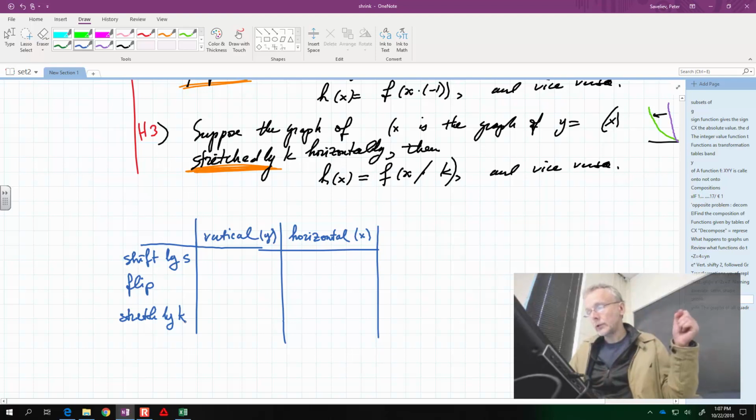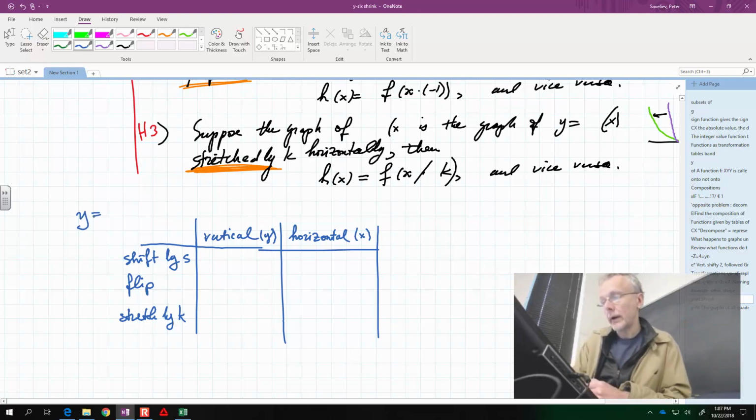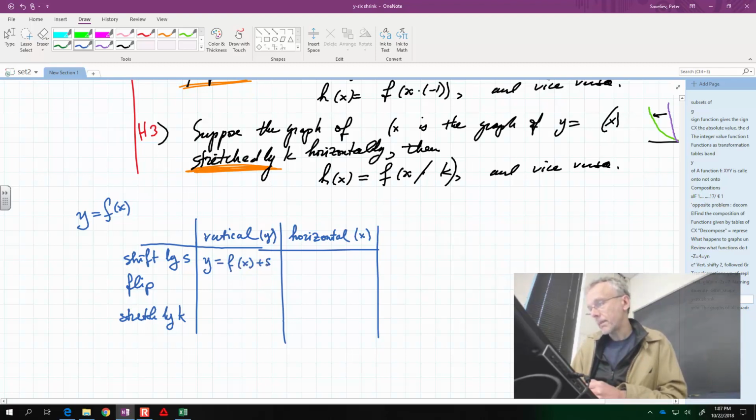You do what you see, you do it to y. Okay, so then if you start with y equal f of x, what has become of it is y is equal to f of x plus s. So you can almost see how y was something and then we added s to it. Similarly, y is equal to negative f of x.